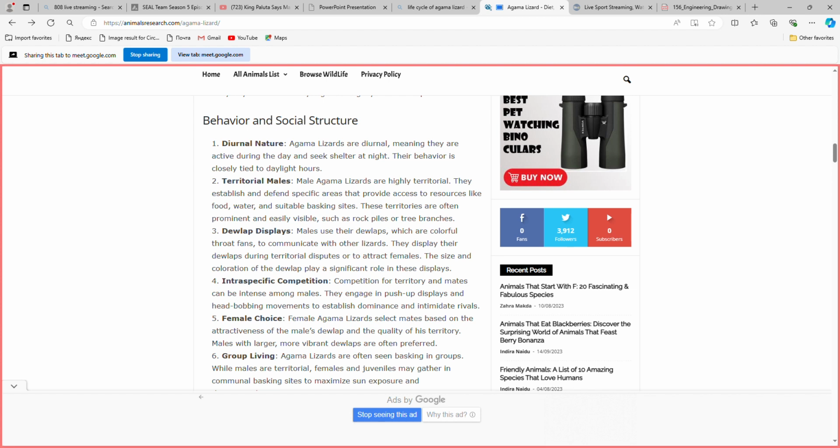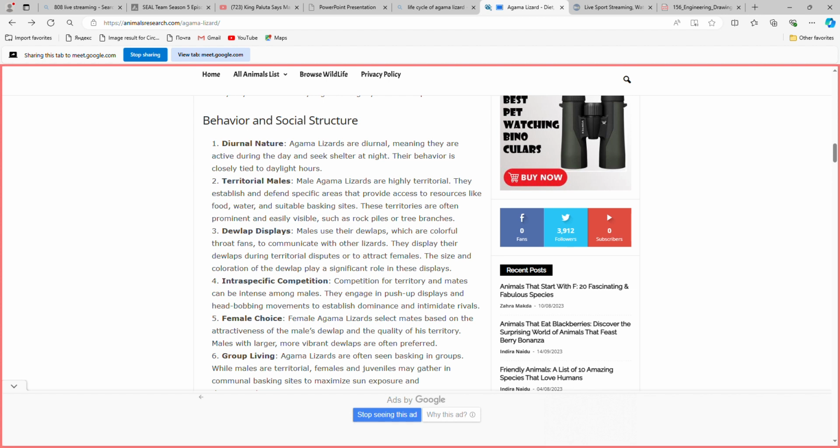And also, for their territorial males, the males are highly territorial and they establish and defend specific areas that provide access to resources like food, water, and suitable basking sites. So with the males, they are always looking for habitats that are suitable for them, where they can bask, where they can find food, where they can find water.